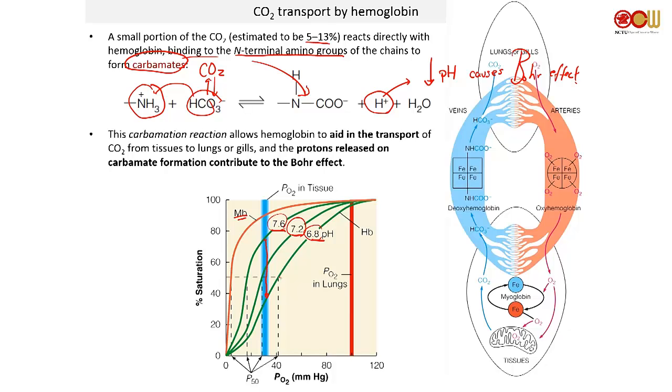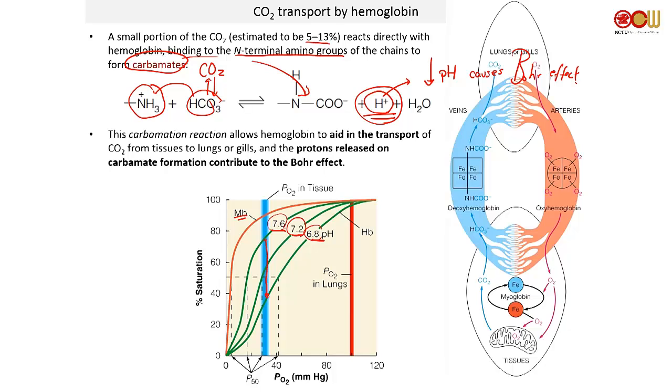Remember, around your tissues you have a higher amount of CO2, and having a higher amount of CO2, you have more proton, so lower pH. So that makes sense. It also makes sense because when you exercise, you also produce lactate. Lactic acid also produces a lot of proton, right?